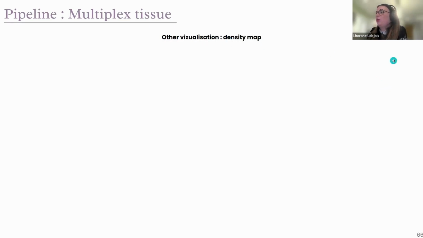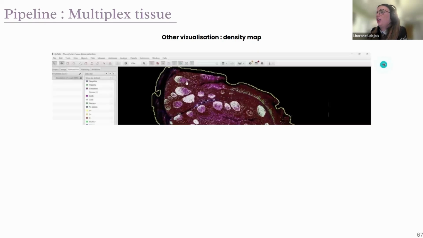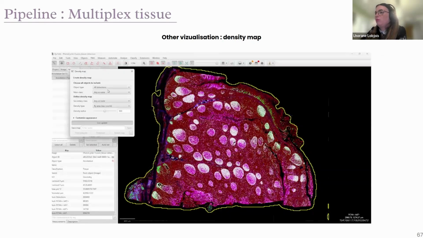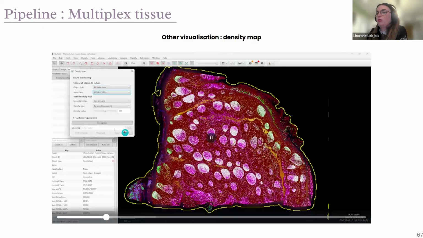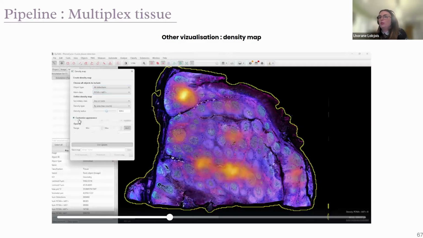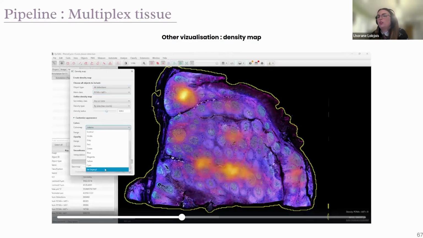Another visualization of the results is the density map, and I like it because it's clearly visual. It's different like that. It works on detection. You can select the class you want to see. And if you remove just the visualization of detection, you have the representation of, not the cluster, but where the cells are the most. You can change the visualization of the color.